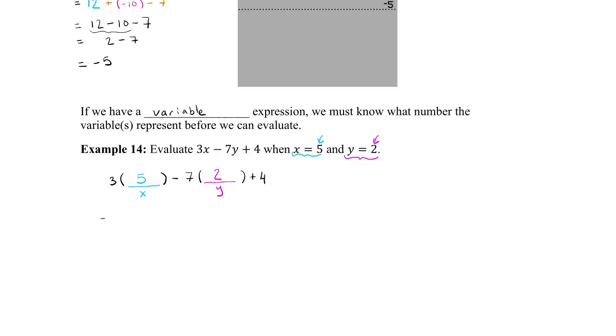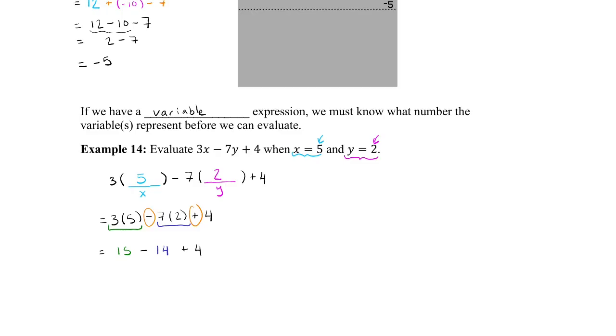So my expression now is 3 times 5 minus 7 times 2 plus 4. Going through the order of operations, we'll have 3 times 5 is 15. 7 times 2 is 14.